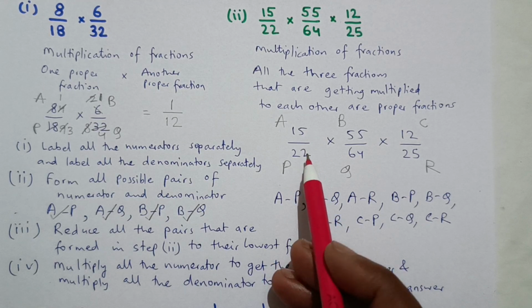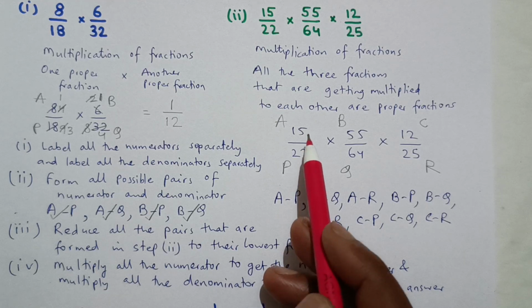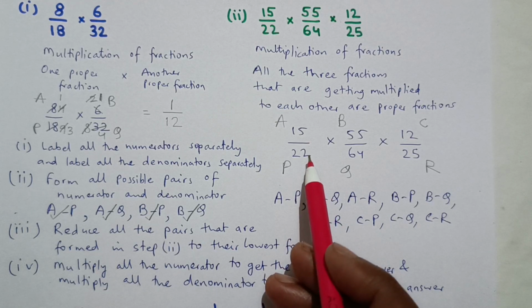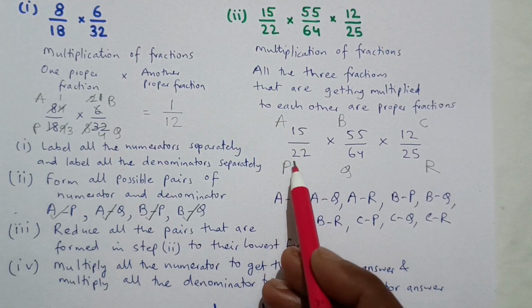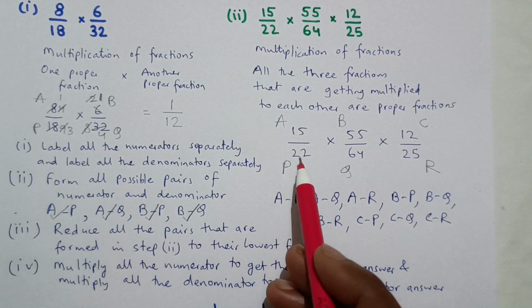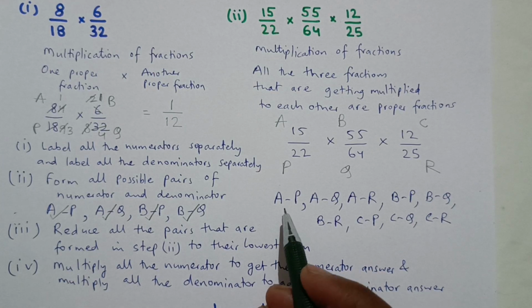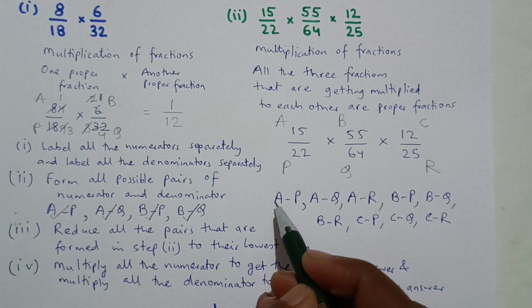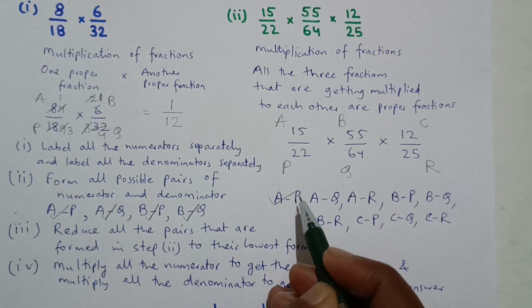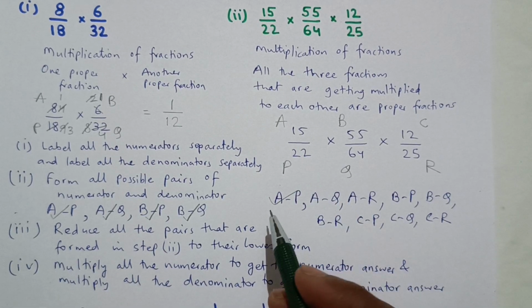Now 15 by 22 you cannot reduce it any further, so this will be as it is. So AP is already reduced to its lowest form.